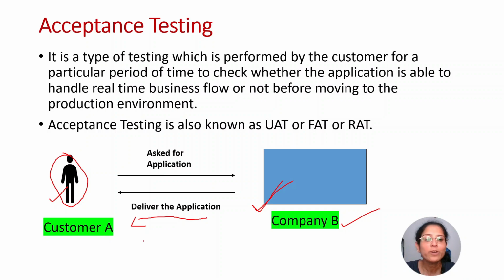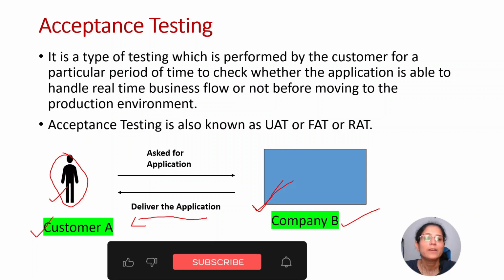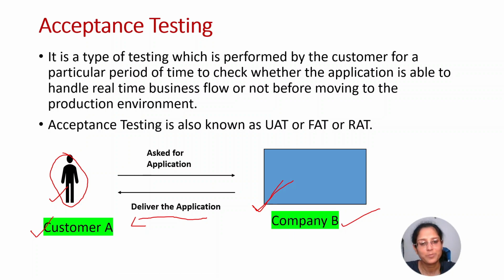But whoever testers are there from the customer end, they are domain experts and they know very well about the business, so they'll be performing end-to-end business flows. They'll be using proper test data similar to the production environment, so there will be a chance to get some more issues before deploying to the production. That is why from the customer side there will be a set of people who will be performing acceptance testing.